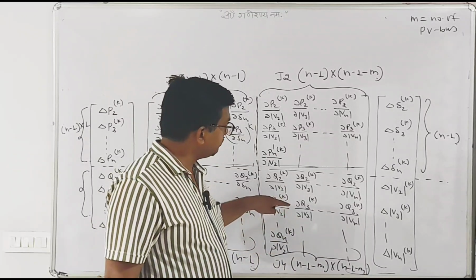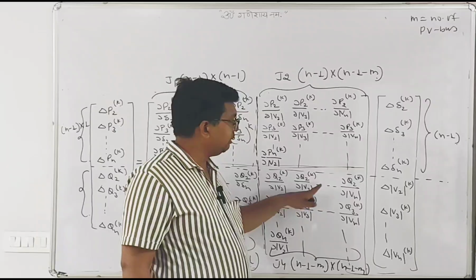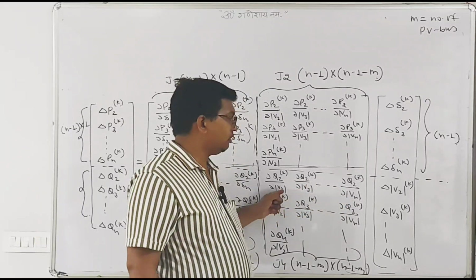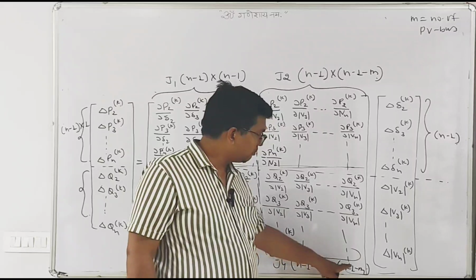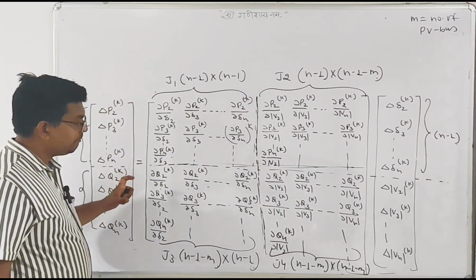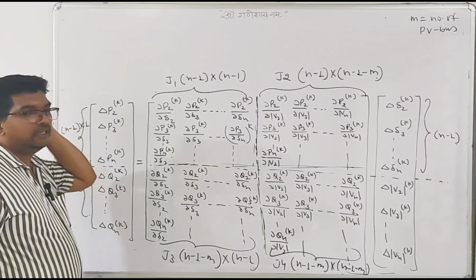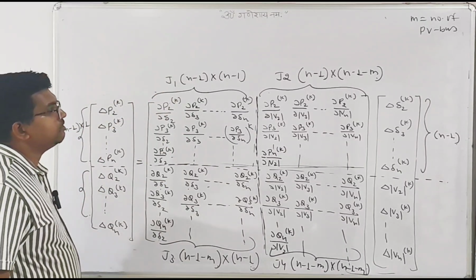And what are the columns? The columns are again V2, V3, Vn, and these are associated with the PV bus. So this size will be n minus 1 minus m. We have to remember carefully the size of all these sub matrices. Now what is the final size of J?